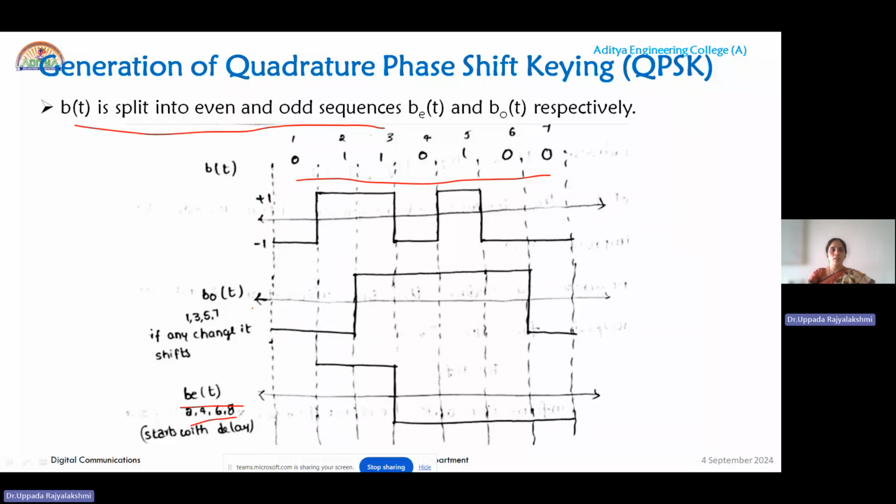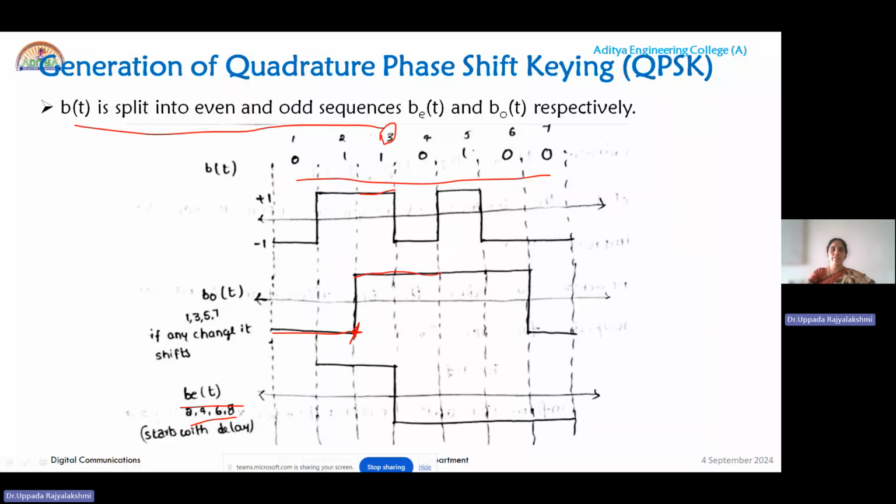For example, in the odd sequence, the amplitude of b(t) is 0 at interval 1, so the same amplitude continues till the next odd sample arrives. That is 3. Again at 3 you observe the magnitude 1, so one magnitude will continue for 3 and 4 intervals.